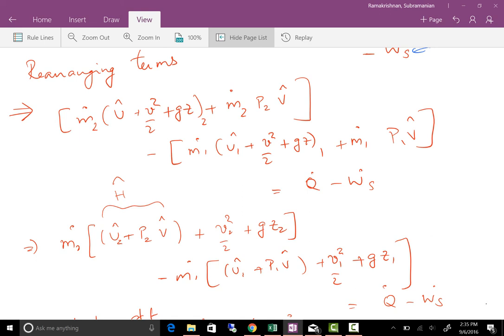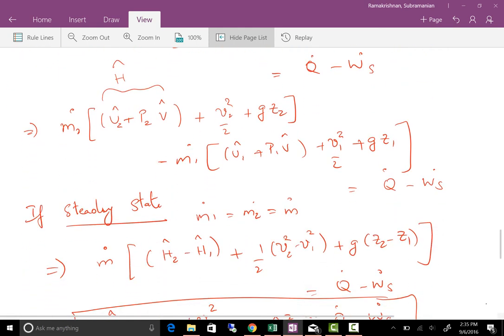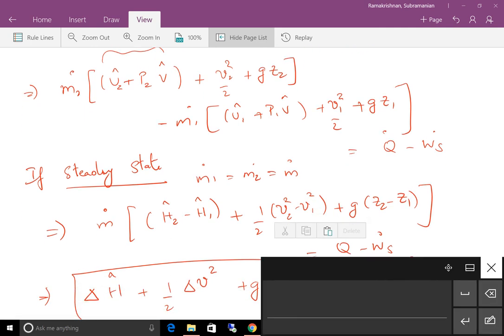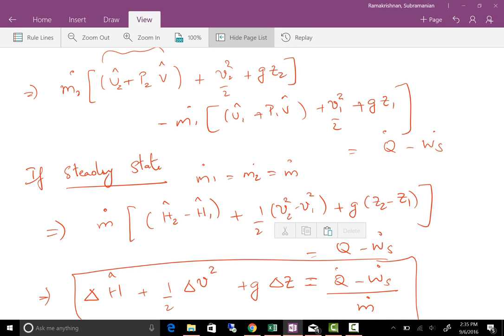So basically all you do is when you take the U cap and add that to PV cap, that's nothing but H cap, right? So very simple mathematical manipulation. Take the flow work to the left hand side, add your U cap to the PV cap, that gets you H cap, right? And this is a standard expression that you have seen in MEB too.